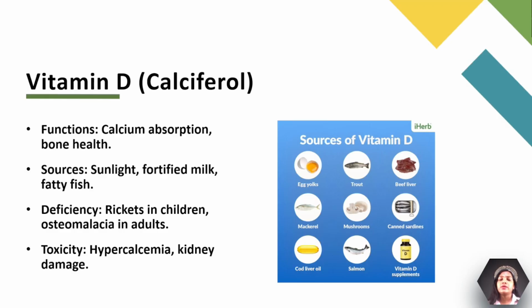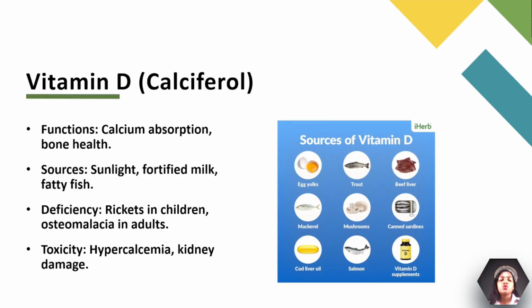Now talking about rickets. Rickets is a condition in which there is soft bone in children. Usually it is found in children. It is a condition when bones are becoming soft, and we can see delayed development if the child is vitamin D deficient.